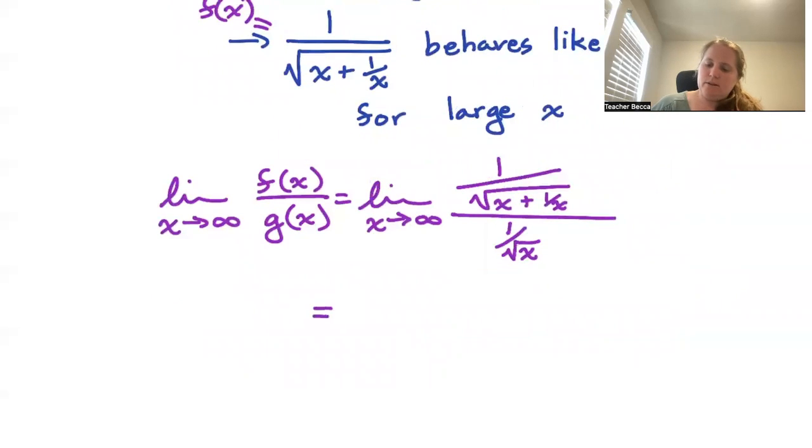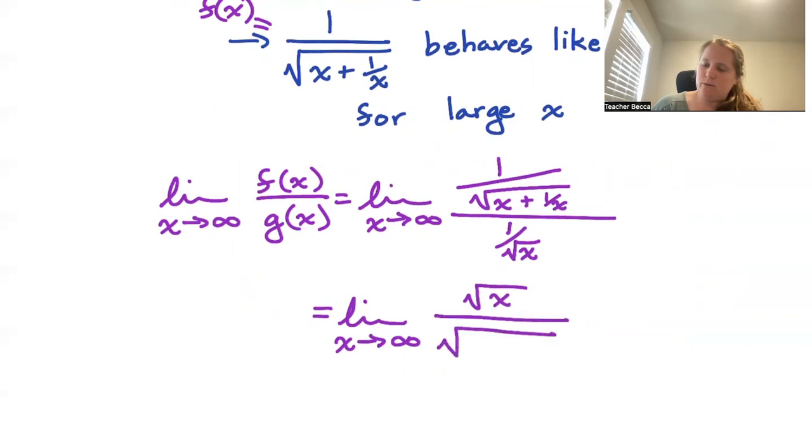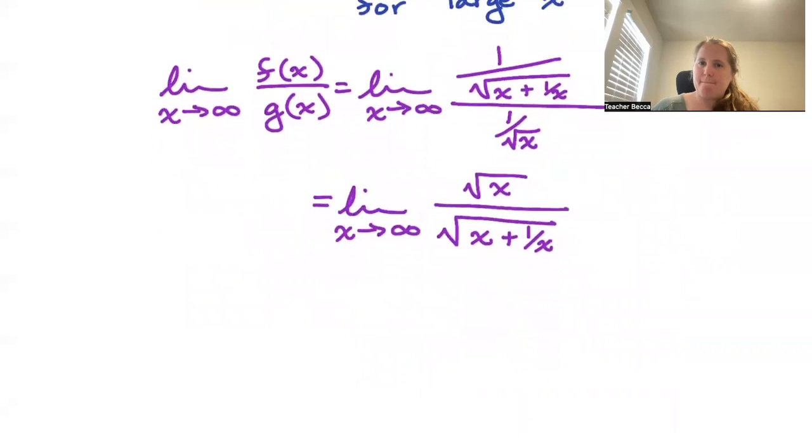This is equivalent to taking the limit as x approaches infinity of the square root of x over the square root of x plus 1 over x. We can apply L'Hopital's rule, or we can just play the same trick we played last time.